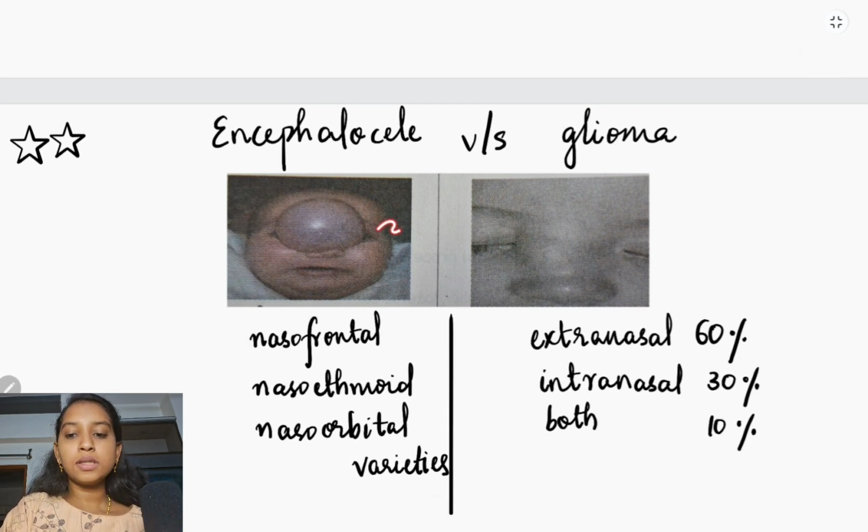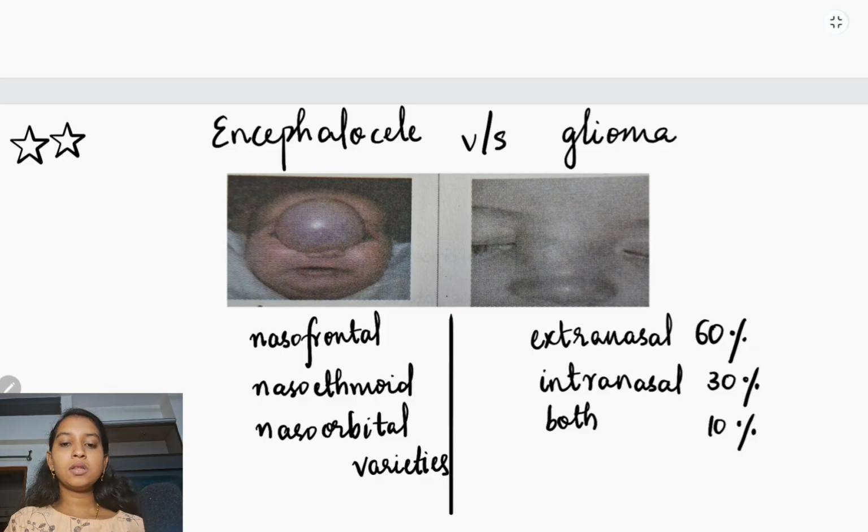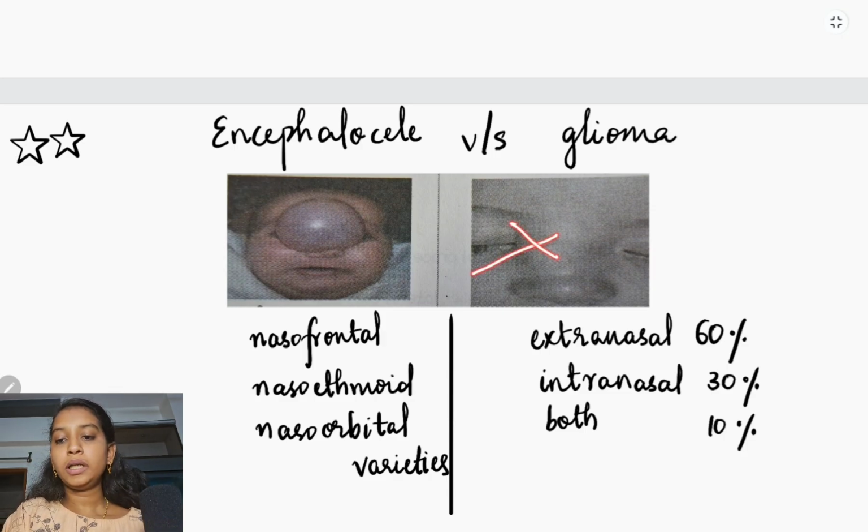In glioma, this is not connected to the cranial cavity. The encephalocele mass can be transilluminated, whereas glioma cannot be. It is smooth, glistening, fluid filled, whereas glioma is hard and firm on palpation.